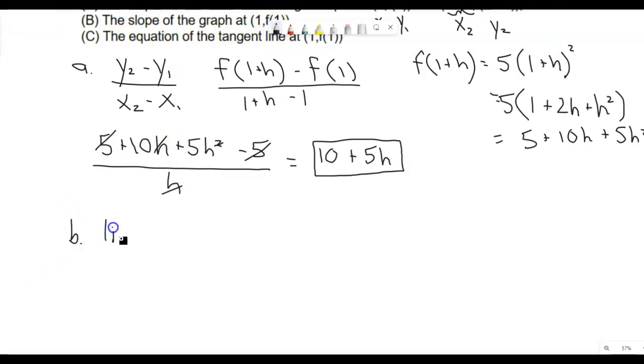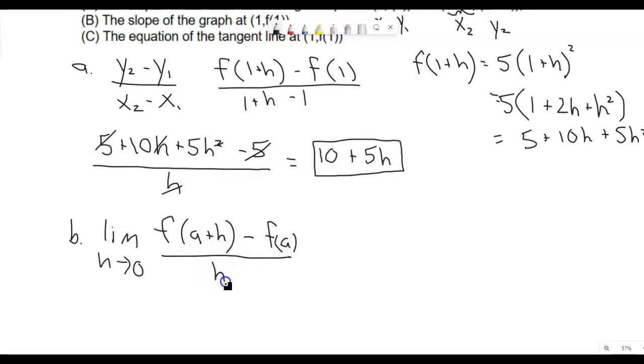That's the limit as h approaches 0 of f of a plus h minus f of a, all over h. If you remember, we already found that if our a is equal to 1, and we're using the x value of 1 here, we've really already done all of the work.